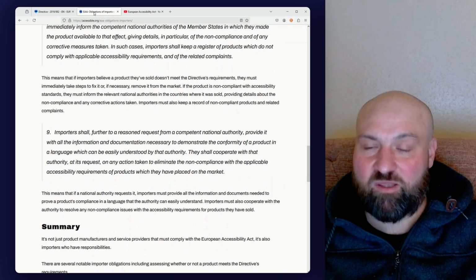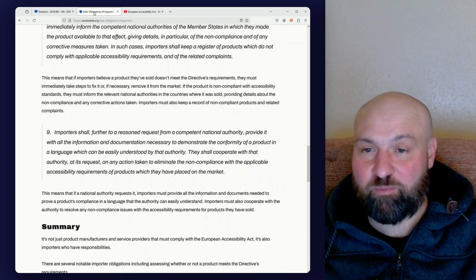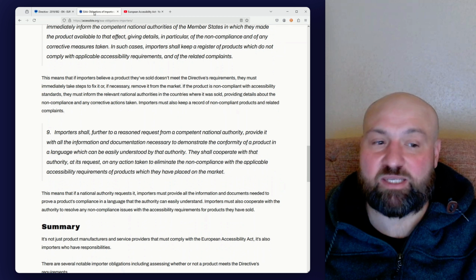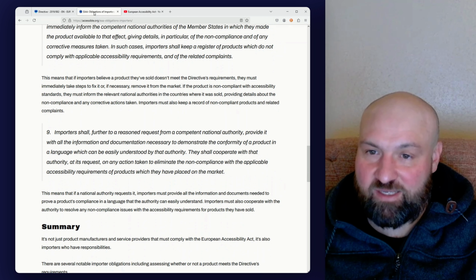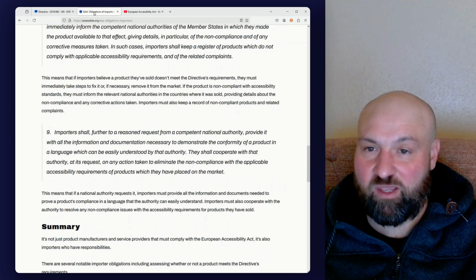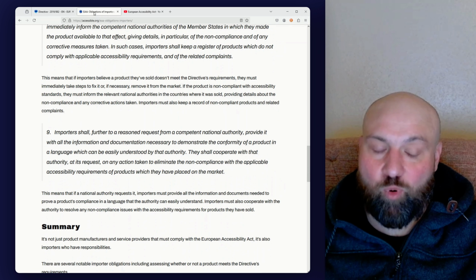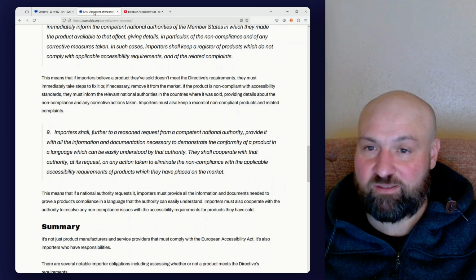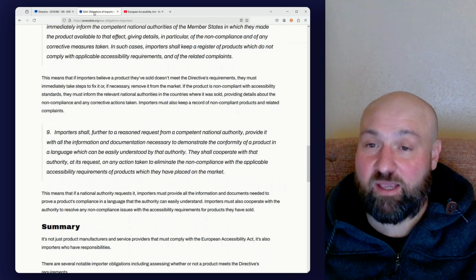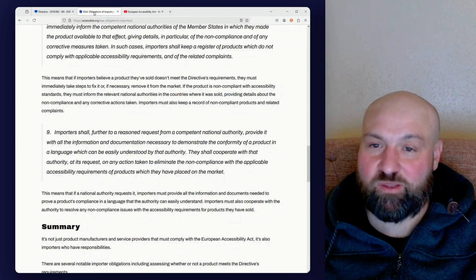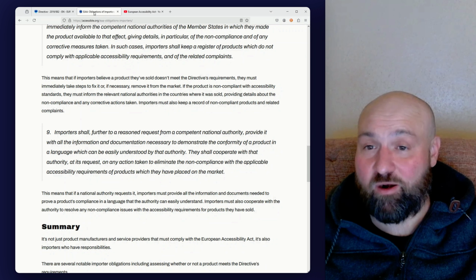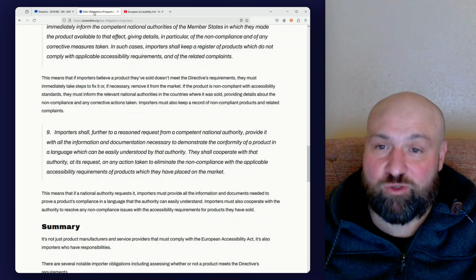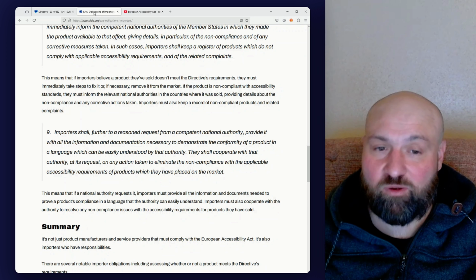So we've gone through these requirements, and I'm going to link to this blog post in the description so you can read through this. But the important part here is you can see that importers, as economic operators within the European Union, have an important place within EAA compliance, right? So they're acting as checks to make sure that products that are not compliant do not enter the European Union.